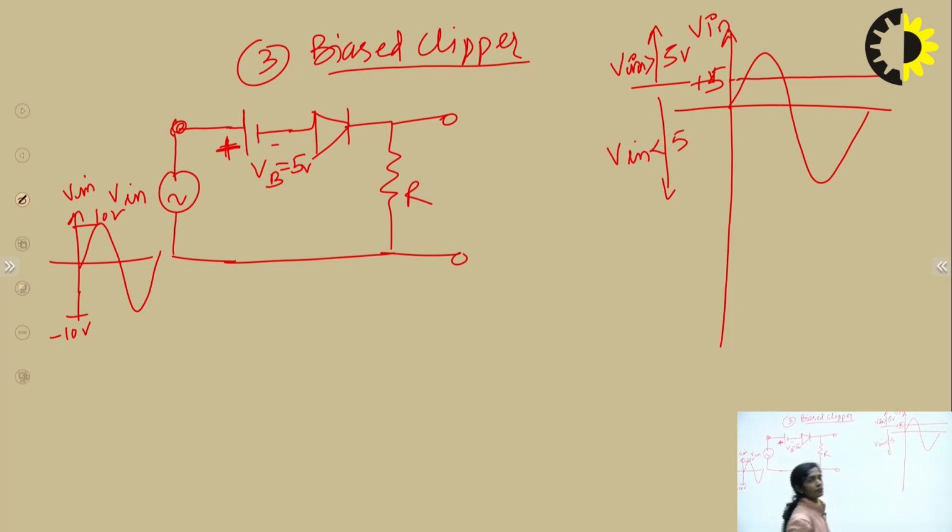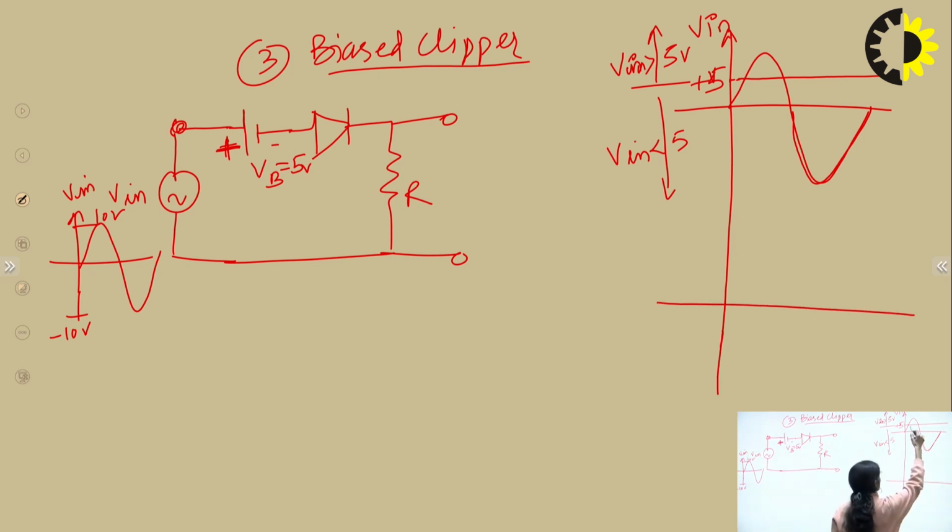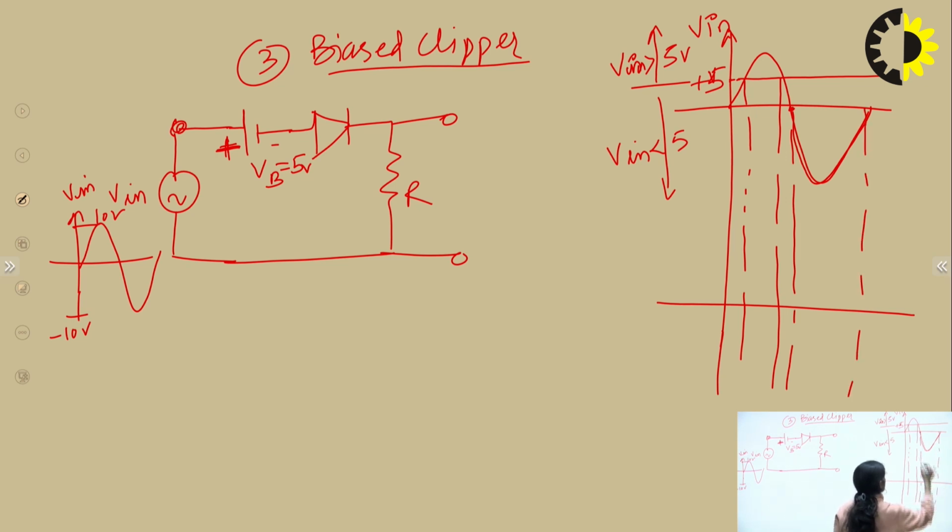In the lesser than 5 condition, some portion of the positive cycle and some portion of the negative cycle also occur along with it. To plot the output, we first plot the projections from every point to get the intersections, like at 5 volt and where the negative cycle changes. So first we will have two cases.